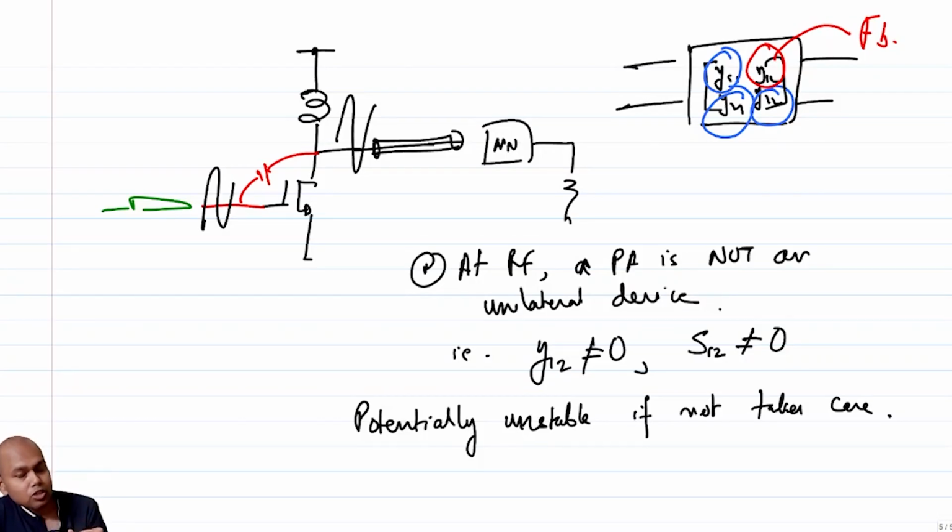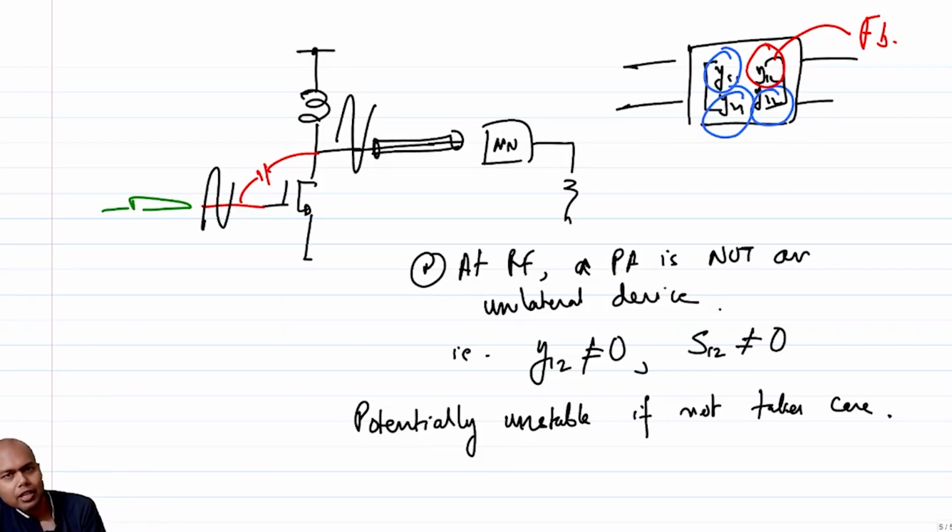Now this was not particularly a problem in an LNA. If you recall, one of the reasons was that we could put a cascode device, correct? So here also, in principle, we can put a cascode device to reduce that feedback from output to input, but the problem is that the cascode device is going to eat up headroom, and the moment it eats up headroom, the headroom multiplied by the current flowing through the entire device will be extra power loss.